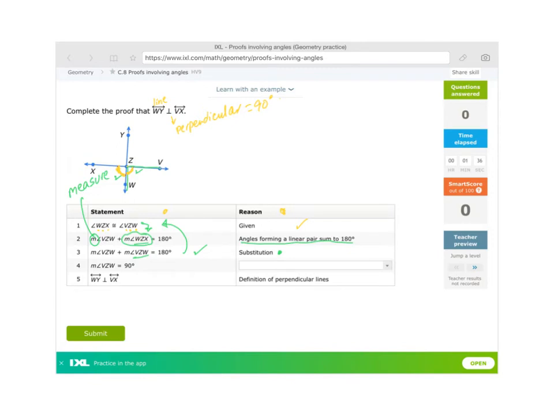Now, we got M measure of VZW to be 90 degrees. Now, how do you think we found that? We've got an equation. How can we solve for M, the measure of VZW? We have two of them, right? And then in the next step, we get to 90. So what have we used here to solve this?